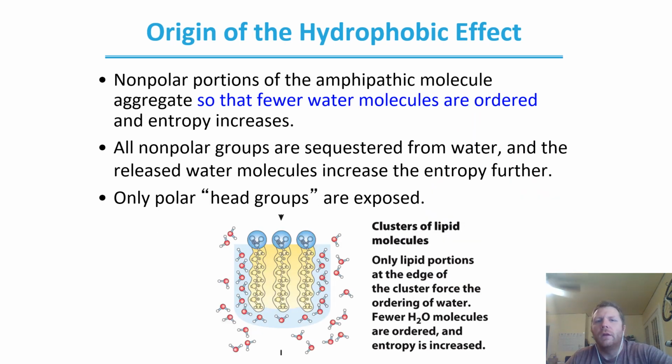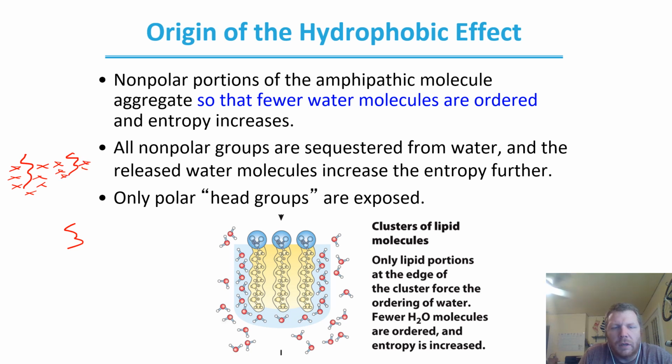Okay, so nonpolar portions of the amphipathic molecule aggregate so that fewer water molecules are ordered. In that last slide, what we saw were these three individual lipids, and each one of those had a ton of water molecules surrounding them. Let's just say right here we've got 7, and then 1, 2, 3.